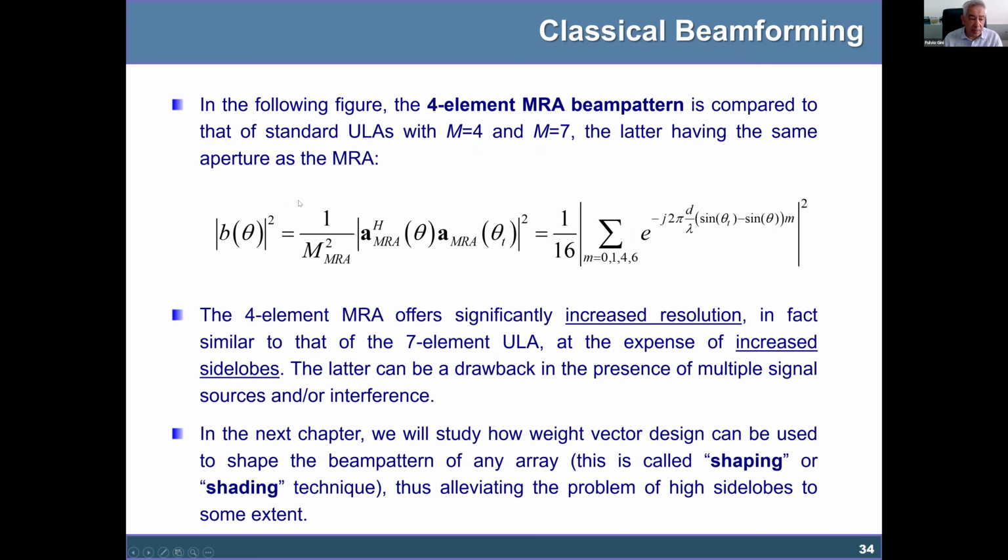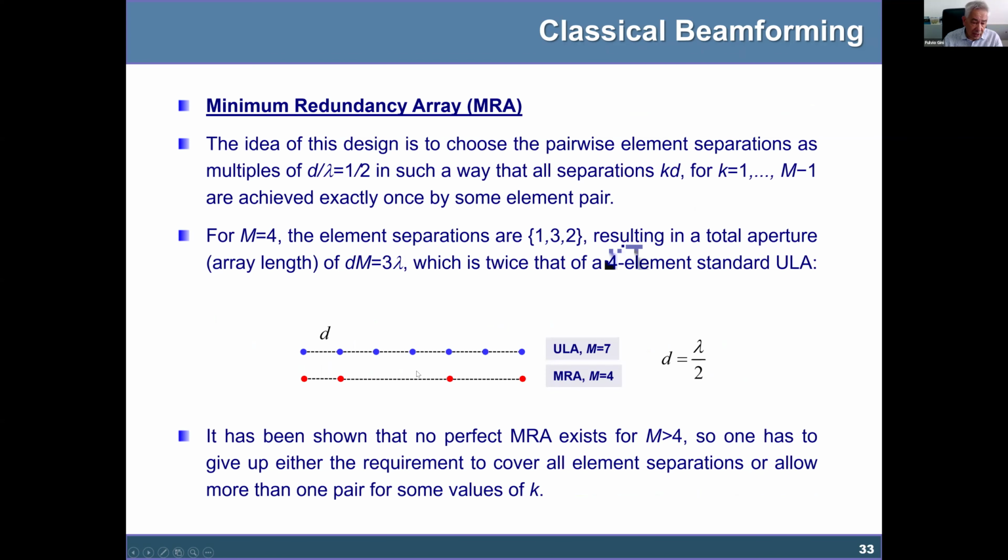Now, if you calculate the beam pattern of the MRA, it is very simple: 1 divided by the number of sensors squared, and then you have to calculate the array response. Obviously this vector is 4-dimensional. How do you obtain it?